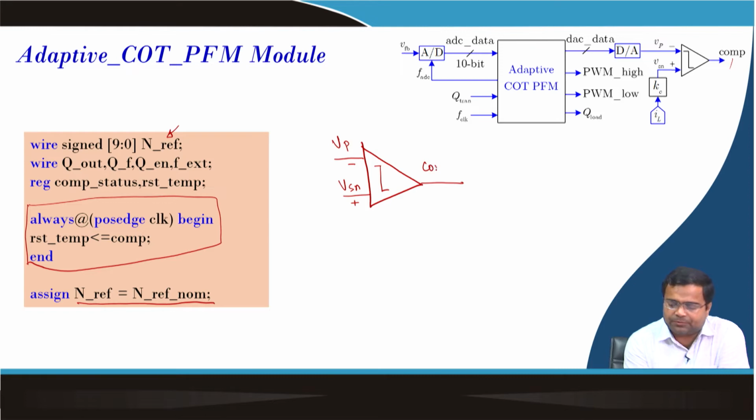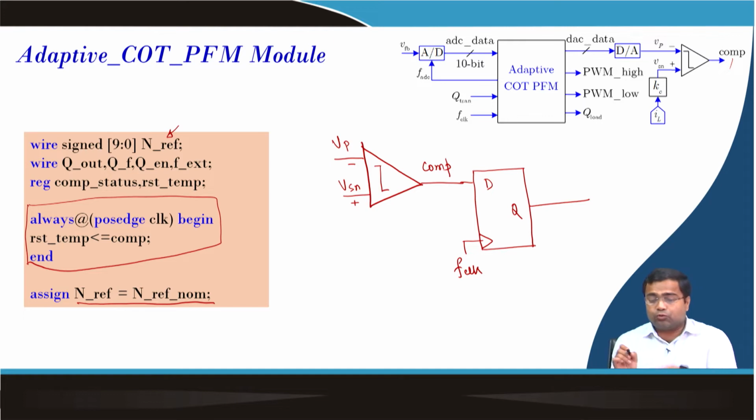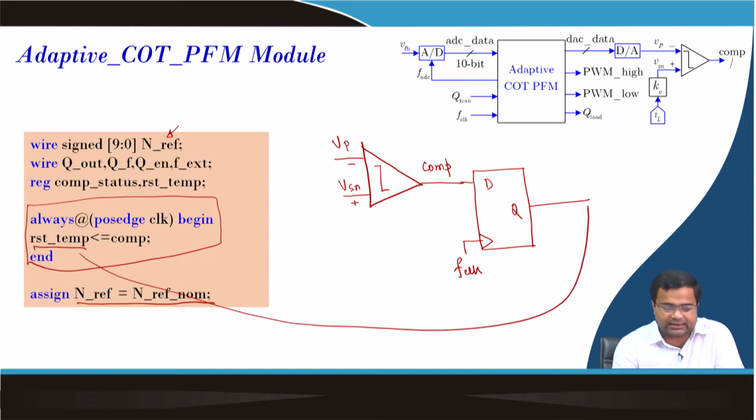This will be our comp. Now, this comp we are using like a D flip flop, and this is our clock, and this is our high frequency clock, and this is Q. That means, the Q output will be comp, which is the reset time. So, here we are using reset time.